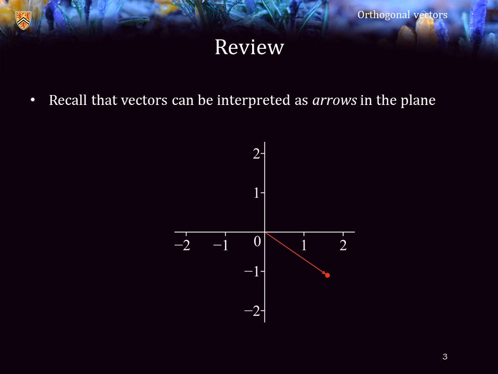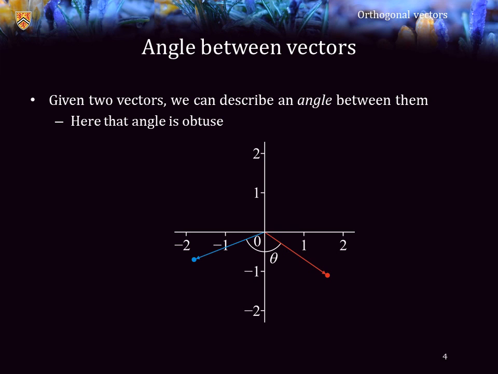Now, recall that a vector can be interpreted as an arrow going from the origin, or the zero vector, to a point in the plane. Thus, if I take a second vector, notice that there's a natural smallest angle between the two vectors. Now, between these two vectors, the angle is obtuse.